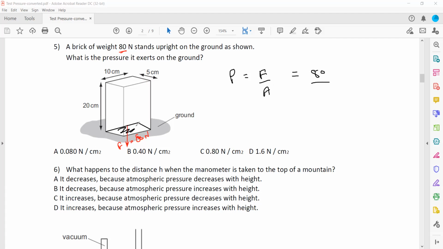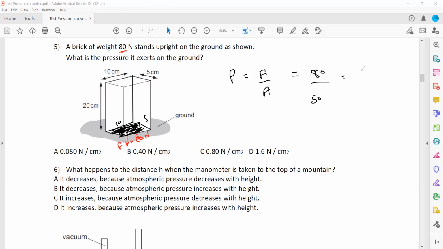What length should I take to calculate this area? So it will be 10 multiplied by 5, because this is 10, this one is 5, height is 20, so 10 multiplied by 5, that's equal to 50.